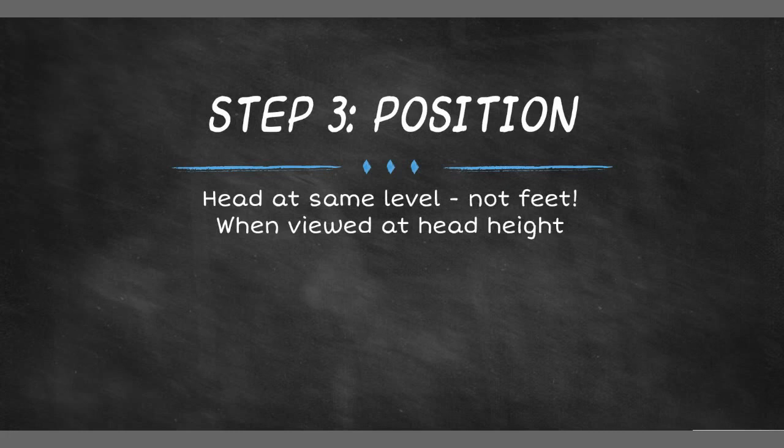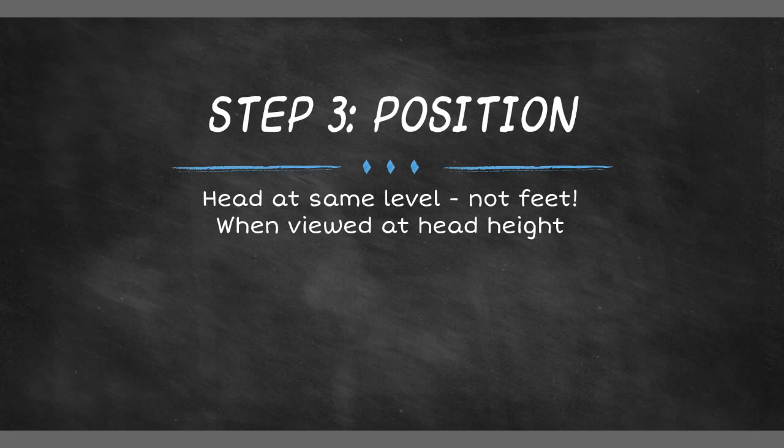Okay, the other thing to look out for is position, right? Say for instance you are doing a street scene and it's at normal head height. You've got to try and keep all the heads of the people at the same level. I'm talking here about adults, of course. We're not worried about distinguishing between adults and children. It's just general people on the street. And if they're at eye level with you, all the heads are going to be at the same level, but not the feet.